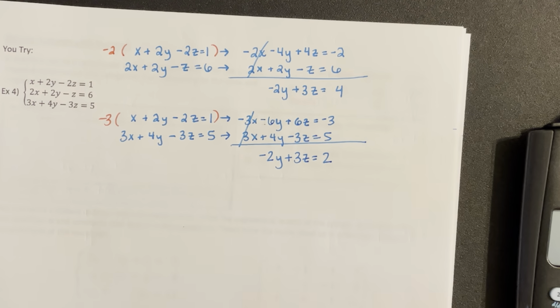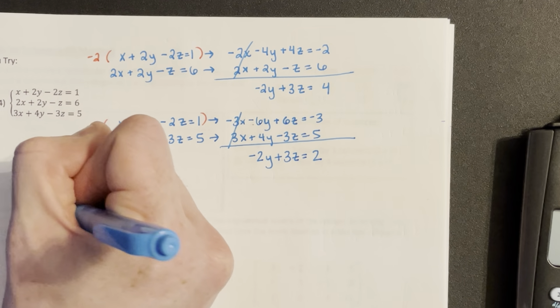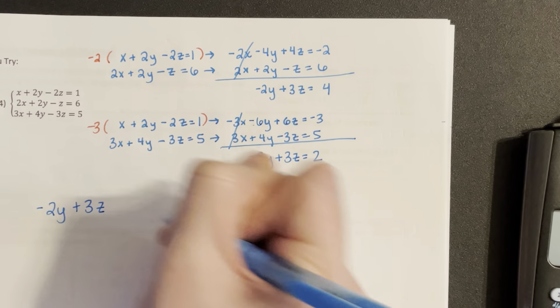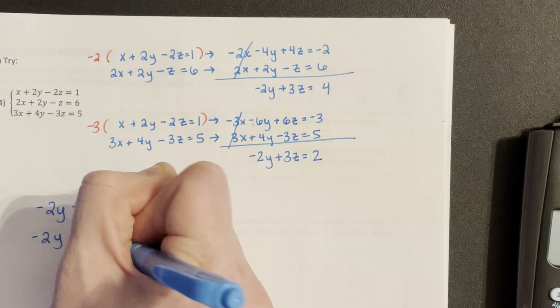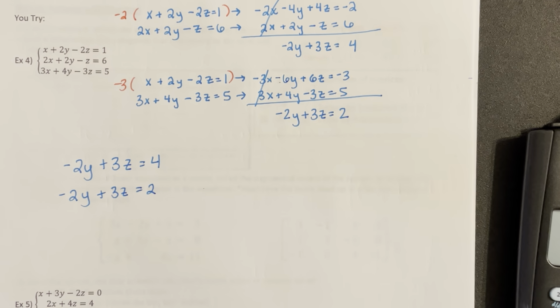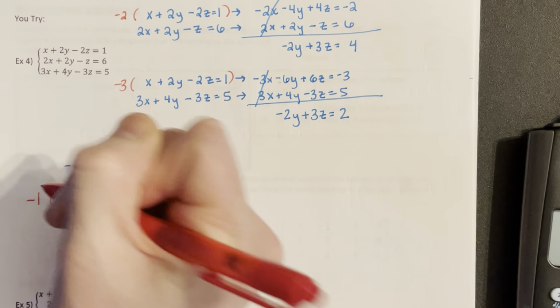I take these and I put them together. So -2y plus 3z equals 4, and a -2y plus 3z equals 2. If we scale one of them, it doesn't really matter. Let's say I multiply the bottom one by -1.